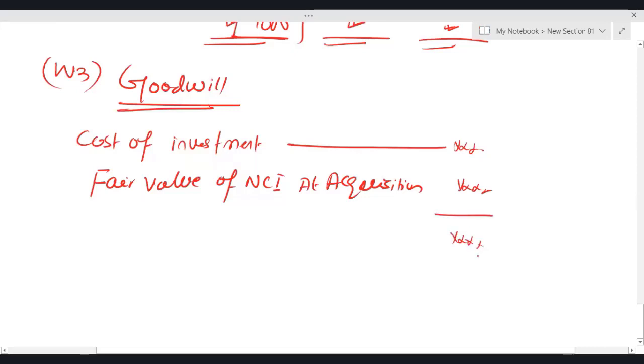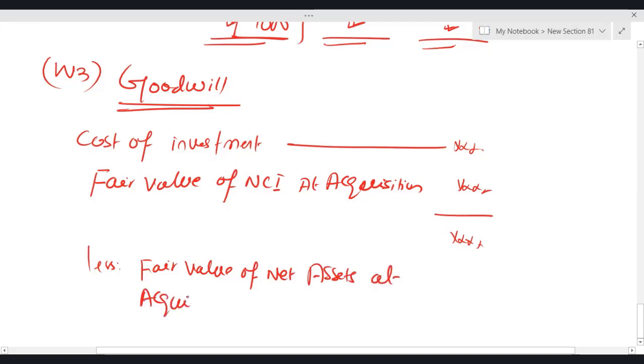Now, simply deduct fair value of net assets at acquisition, and you will get this figure from working 2. Let's say it is 1000.